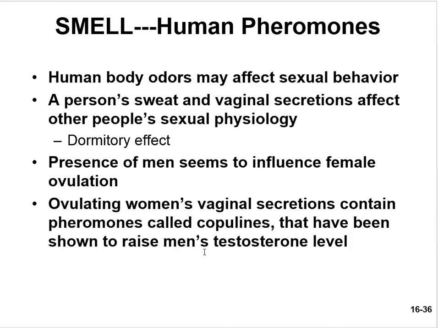A person's sweat and vaginal secretions can affect other people's sexual physiology, and they talk about the dormitory effect when women live together, that all of their menstrual cycles can actually sync up with each other because of the smells that are released. And the presence of men seems to influence female ovulation. Ovulating women's vaginal secretions contain pheromones called copulines that have been shown to raise men's testosterone level.